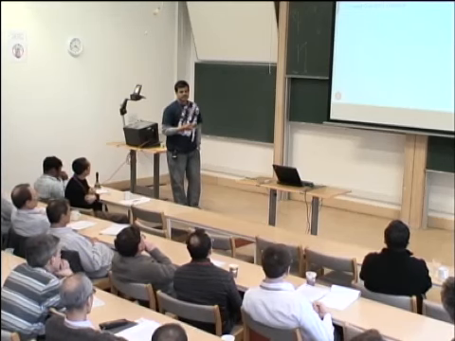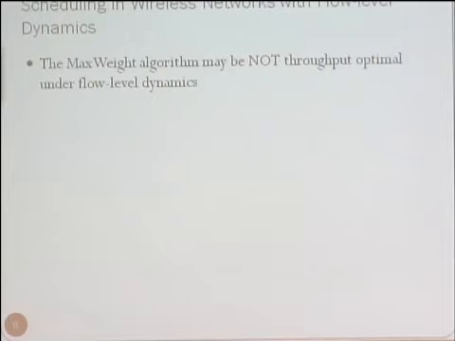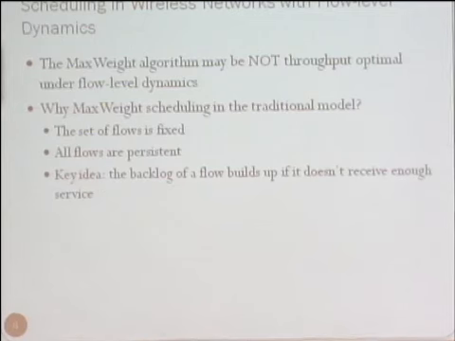So what this simple, really neat example illustrates is that the max-weight algorithm may not be throughput optimal when you have flow-level dynamics. The reason the max-weight algorithm works in the traditional model is that when the set of flows is fixed and a queue length builds up, you know that it's not receiving enough service, so you have to start giving higher priority to it.